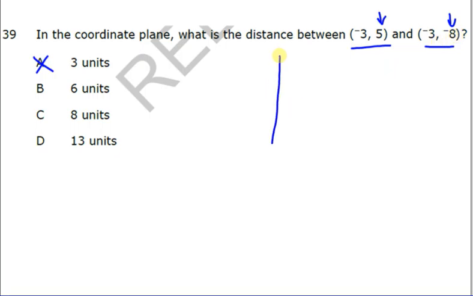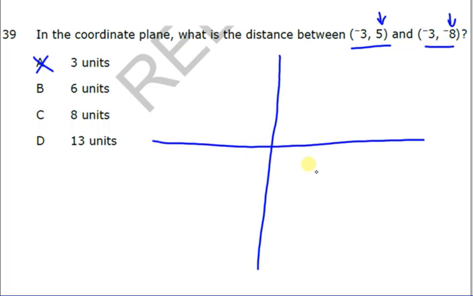So I'm going to draw a rough coordinate plane, but you could also draw a number line. So let's see, 1, 2, 3, 1, 2, 3, 4, 5, 1, 2, 3, 4, 5, 6, 7, 8. So here we go. -3 up 5 is right here, and then -3 down -8 is right here.